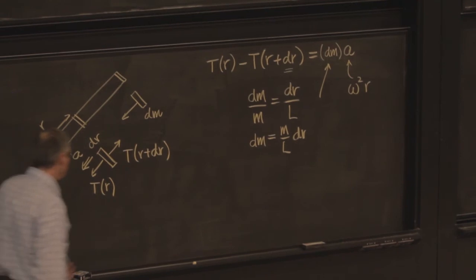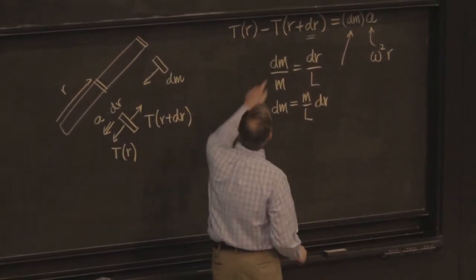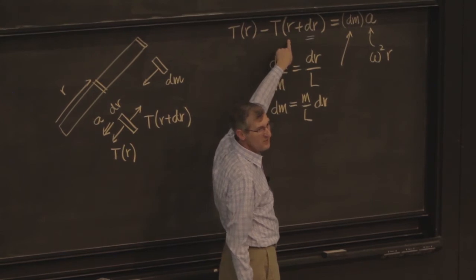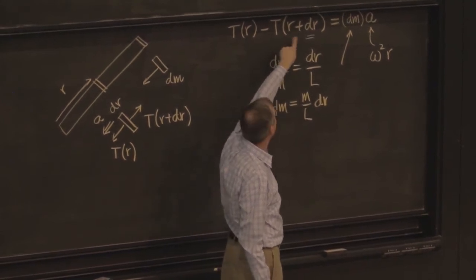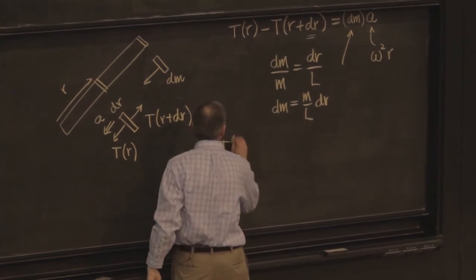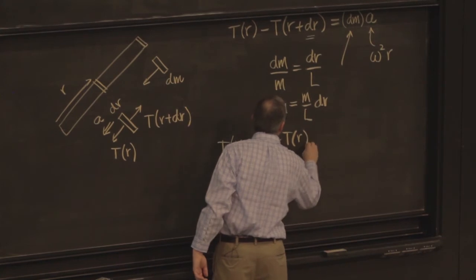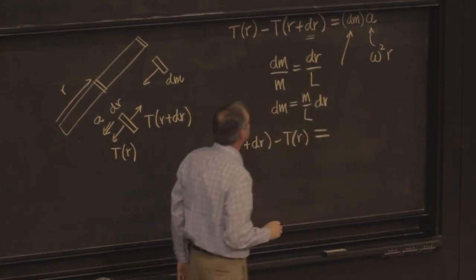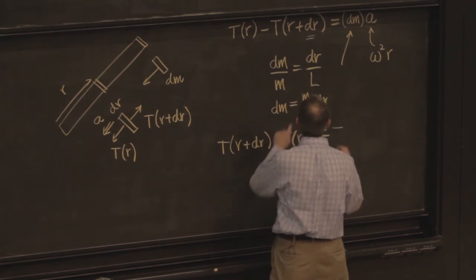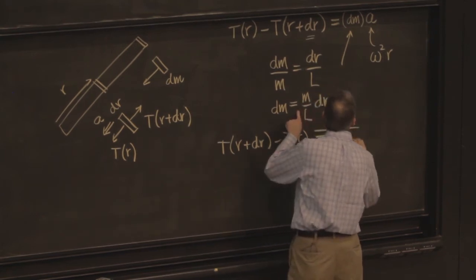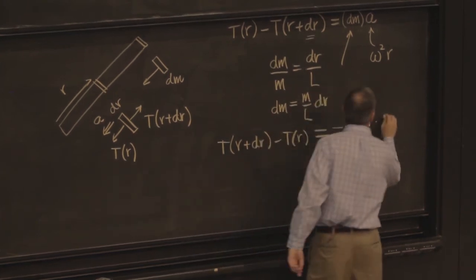Okay, so what do we got? We're almost done, believe it or not. We have, it's going to look more familiar if I multiply both sides by -1. So I can put this first: T at r plus dr minus T at r is equal to, and now I need a minus m over L dr times omega squared r.